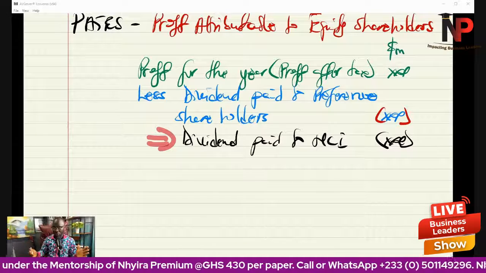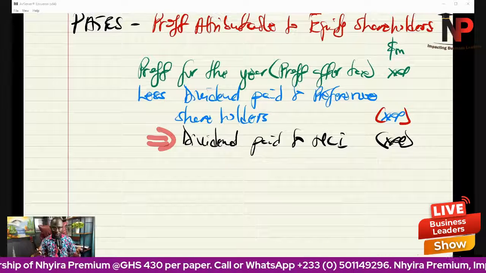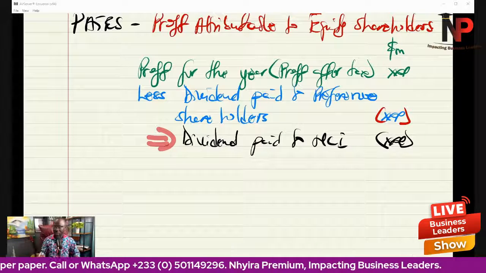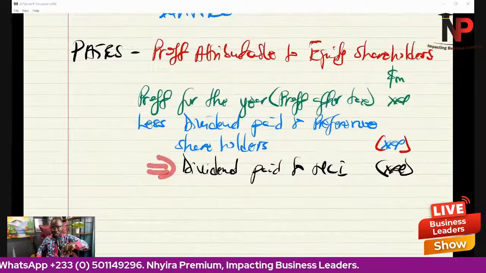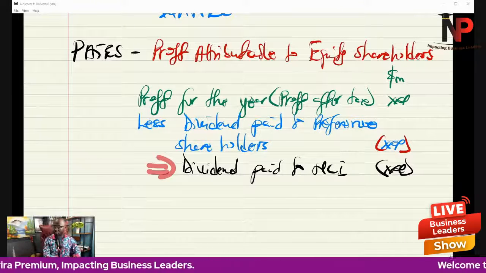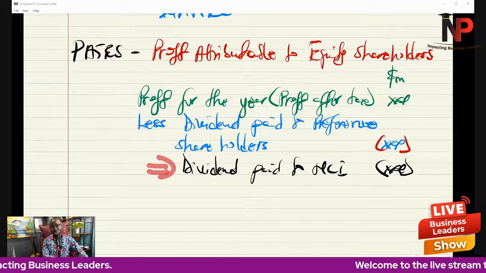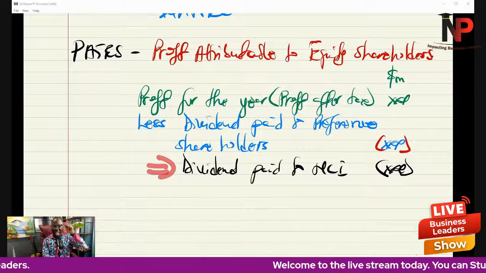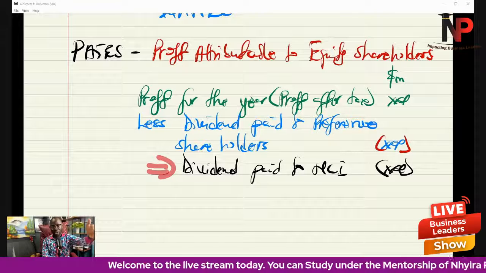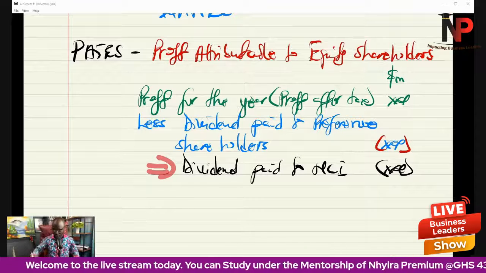You just have to know that if we are supposed to calculate earnings per share in a consolidated financial statement environment, then definitely the dividend that we pay to the non-controlling interest must be deducted, because remember, we are looking for PATES, which is the profit attributable to the equity shareholders, the real shareholders, the shareholders of the parent entity.